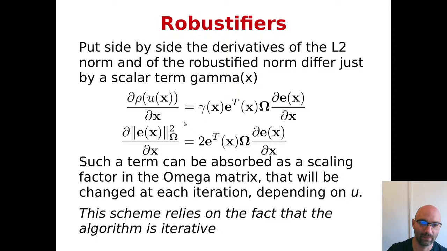So this is the derivative of the robustified function, where we use the gamma of x to encapsulate some terms, and on the bottom we have the derivative of the L2 norm.